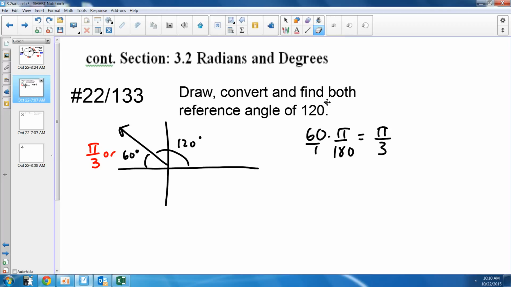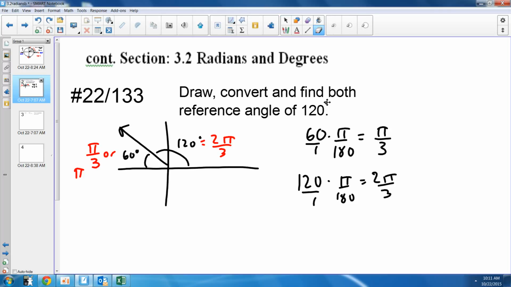I could say if this is pi, pi minus the pi over 3 is equal to the rest of that angle, which is actually 2 pi over 3. So you could save a lot of work there and say that that's just going to be 2 pi over 3 because pi minus pi over 3 is 2 pi over 3 and I'm done. If you don't like that, you could say, all right, 120 times pi over 180, really twice the amount of what we did above, because it's 120 instead of 60. So it's 2 pi over 3. And that's it for those type of problems.